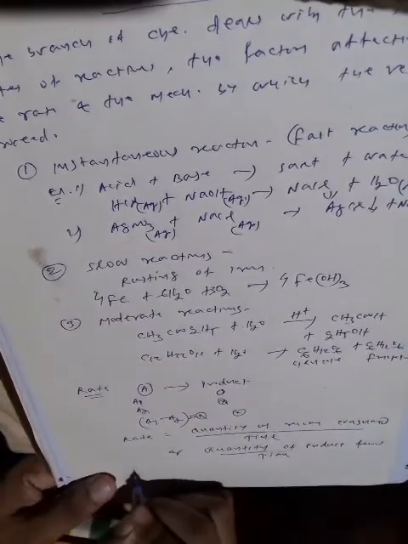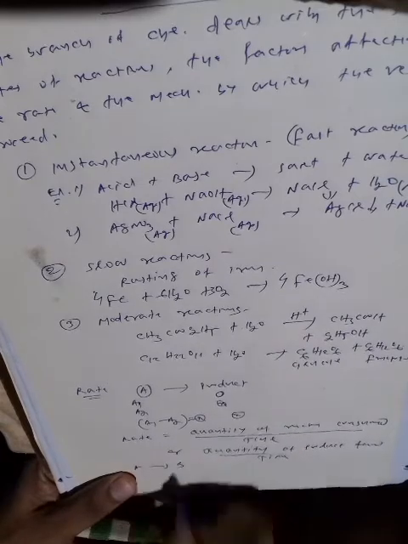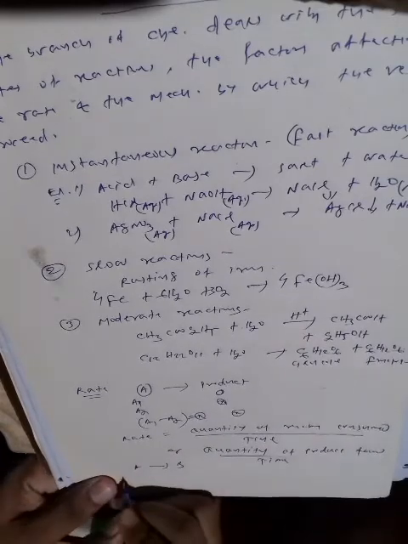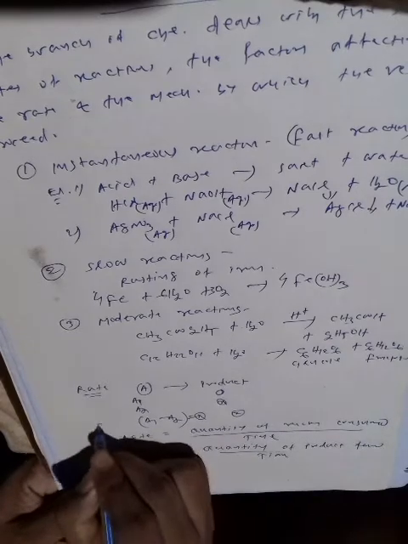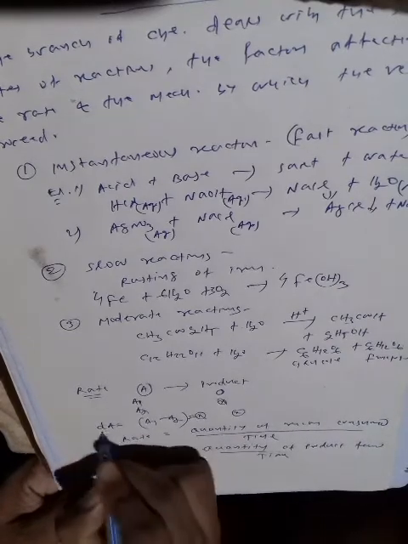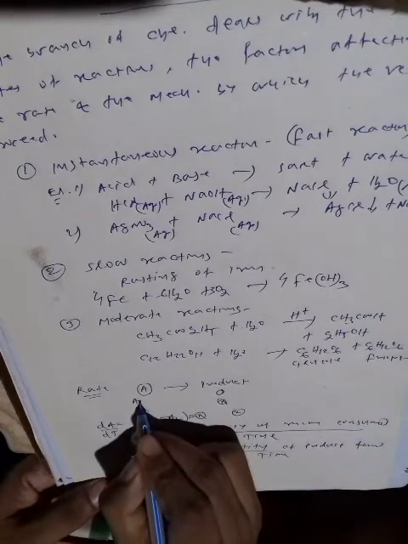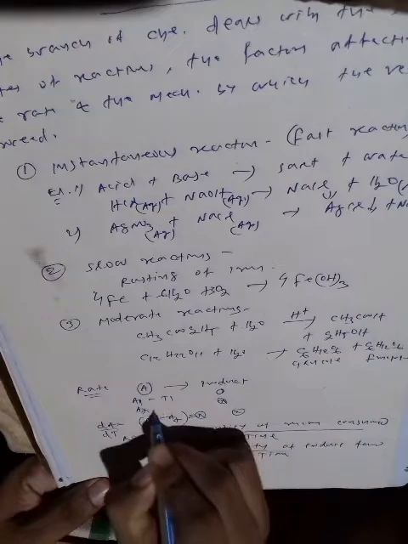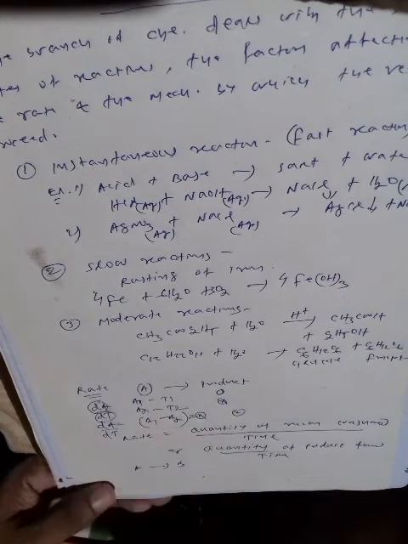So in general we can suppose a reaction A forming product B. So that expression will be the quantity changed, whatever the change, so dA, and time interval suppose dt. Suppose this amount of concentration is there at t1 time and this is at t2 time, so dA by dt is the rate, quantity changed over time interval.